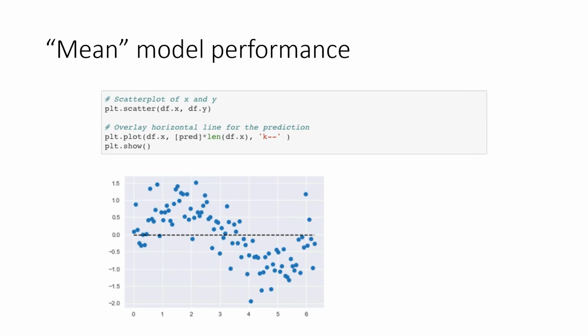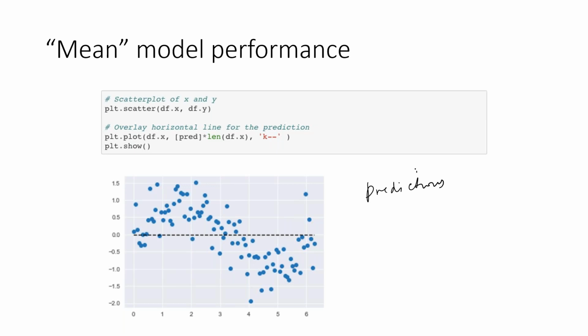Using the first one, plt.scatter, these blue dots are drawn. Then for my black dotted line, I am using plt.plot. For the x-axis values, pick it from the df.x column. For y, actually, you can make it another statement where before that you call some other variable predictions.